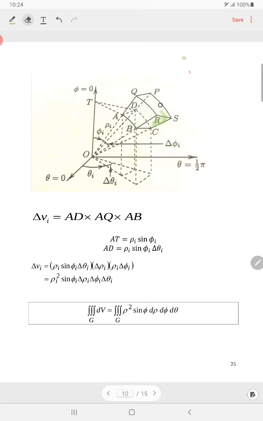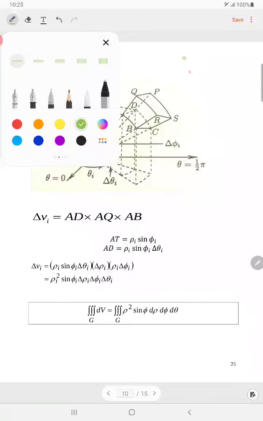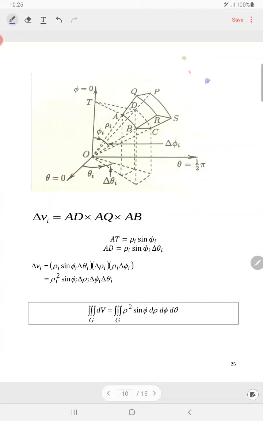The spherical box is also on two cones. Let me show you the cones. The first cone is this part here, ADPQ. That is on part of a cone. So we have one cone here.